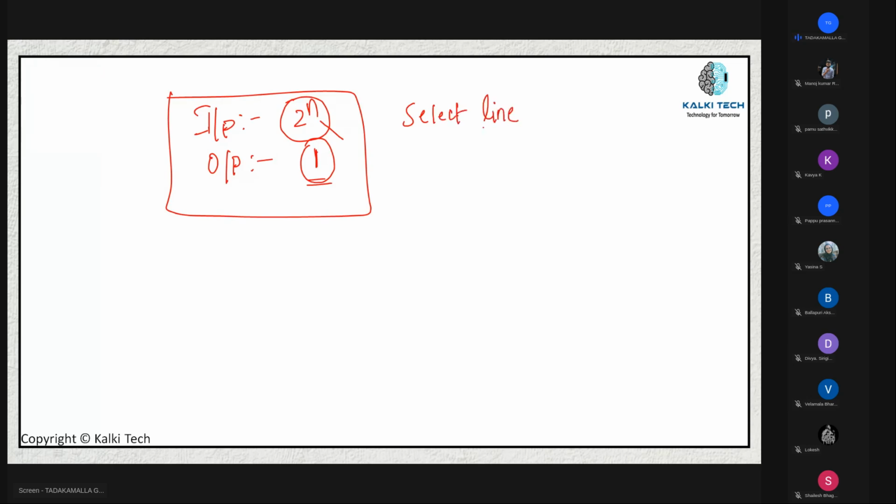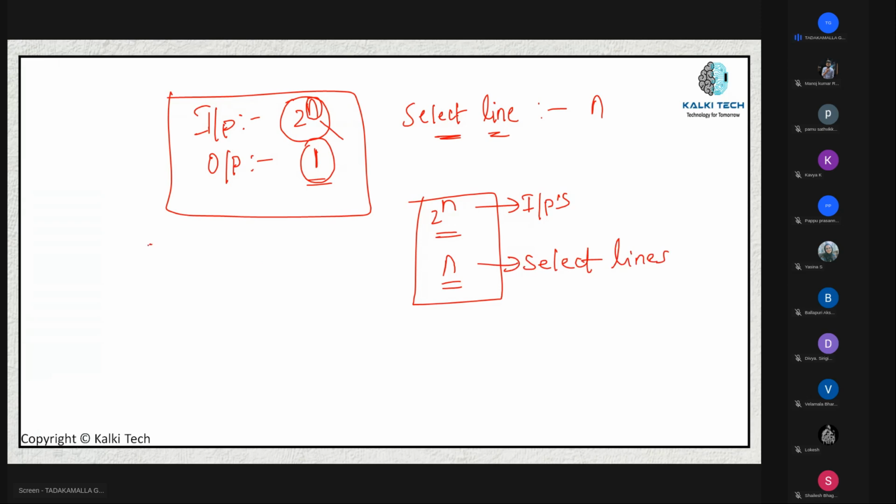For 2 power n inputs, we will have n select lines. So this is your inputs, and this is your select line. n is your number of select lines.